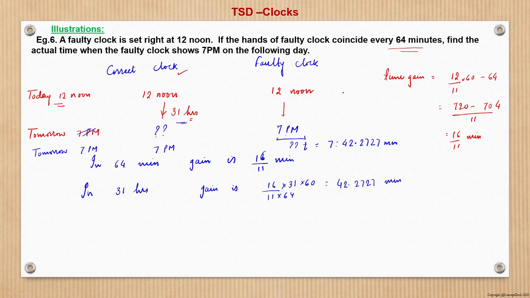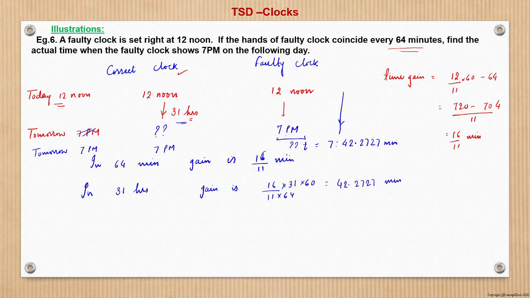So what is the total time between these two instances? That is nothing but total is 31 hours. So 31 hours is 31 into 60, right? So 31 into 60 is 1860 minutes plus 42.2727. So this gives 1902.